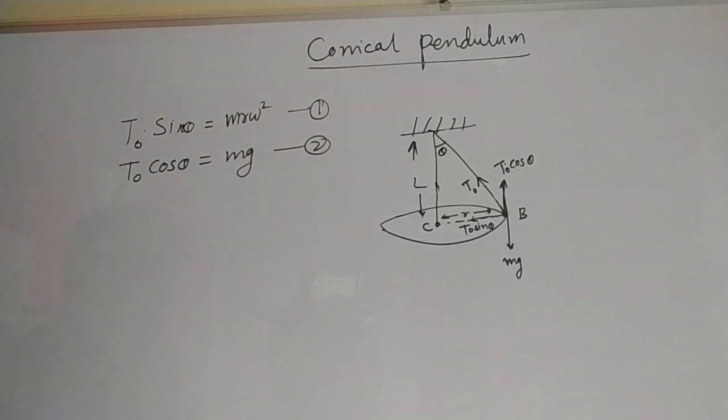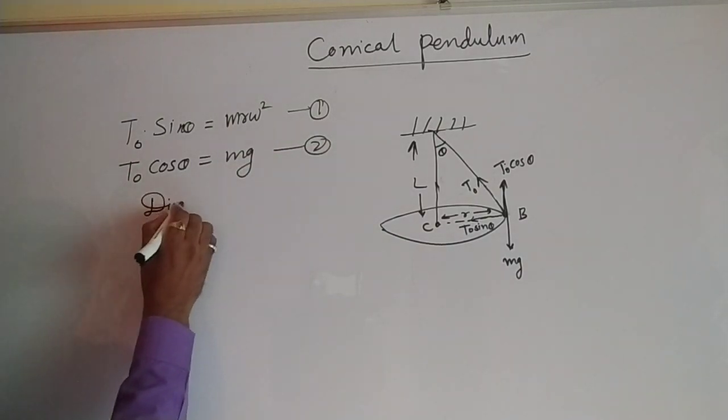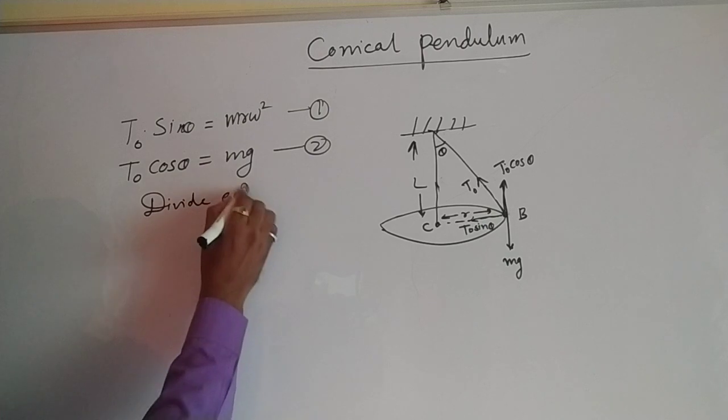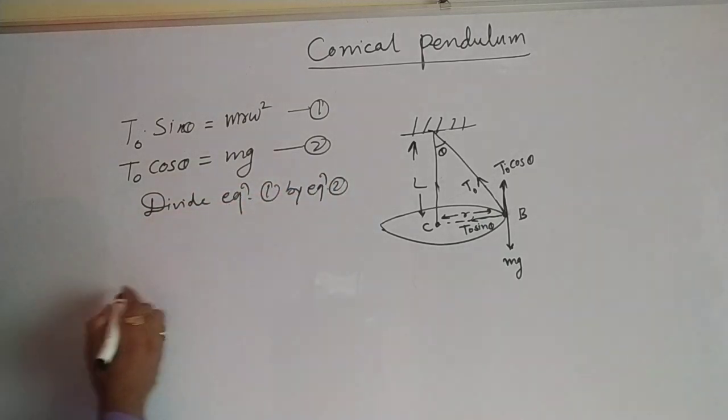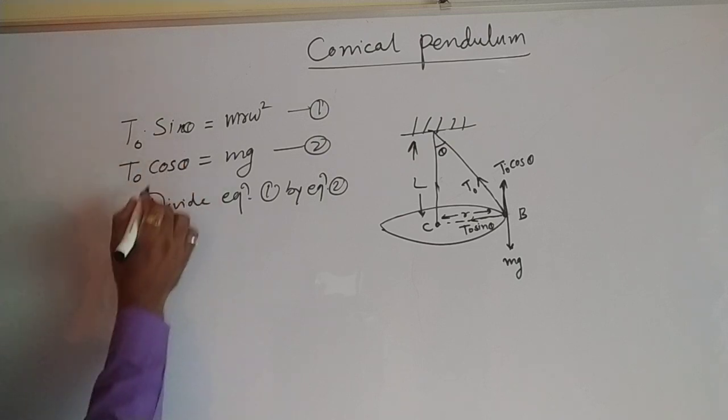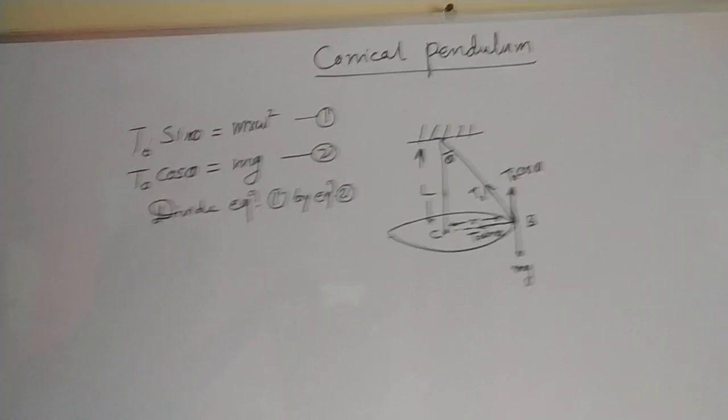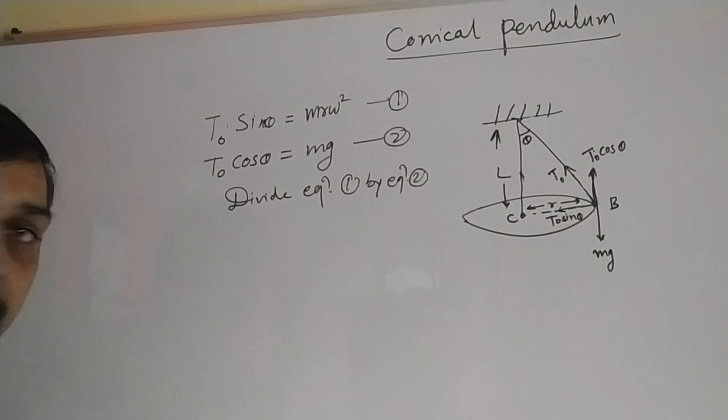Let us divide equation 1 by equation 2. What do we get here? T0 sin theta divided by T0 cos theta. Sin divided by cos becomes tan theta.